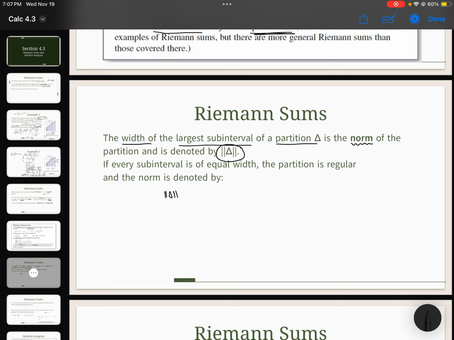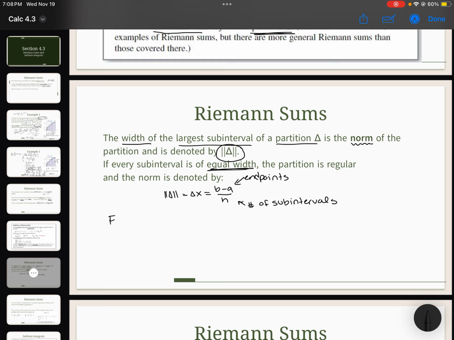I can say, okay, the norm is just equal to delta x, and we know that delta x is (b minus a) over n, right? These are your endpoints up here. This is the number of subintervals down here. So that's just what we know. If I'm dealing with subintervals of equal widths, or each rectangle has an equal width, then cool, my norm is what it's always been.